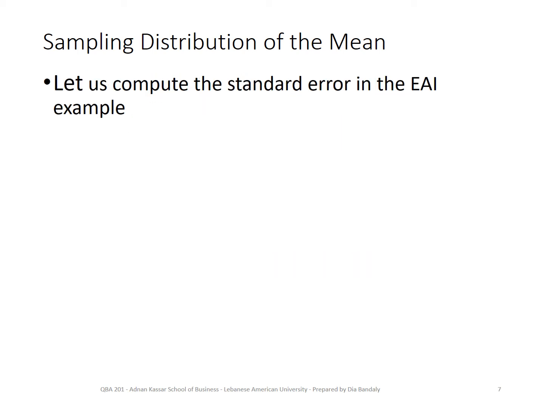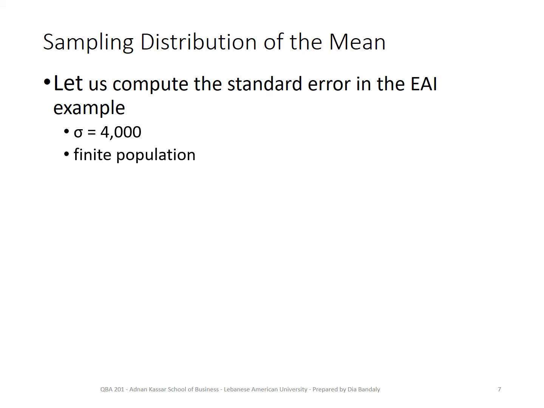So let's see in our EAI example, what would be the sigma x bar if we collect a sample of 30. We know that the population standard deviation is 4,000. Remember that we found that at the beginning of these slides. Now, let's see which formula to use for sigma x bar.